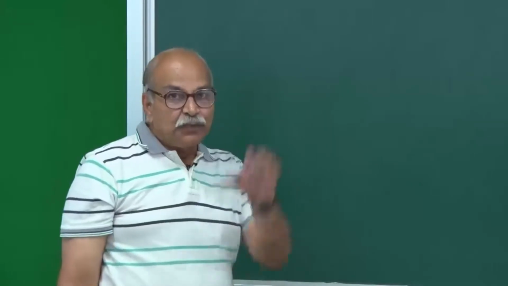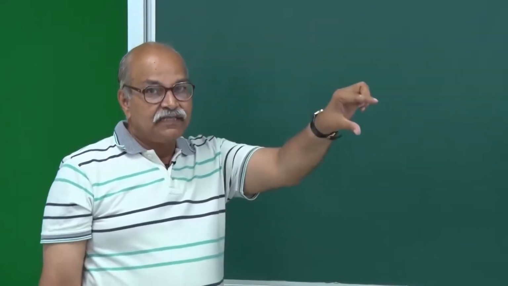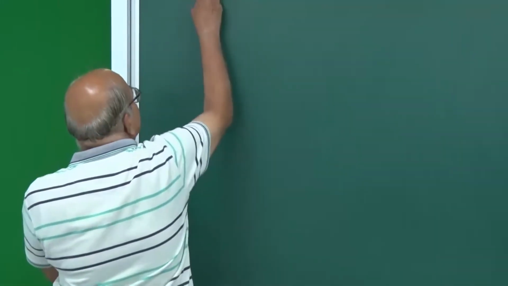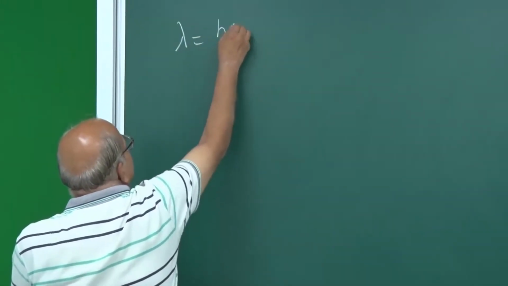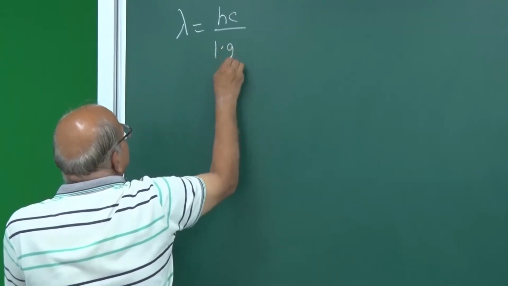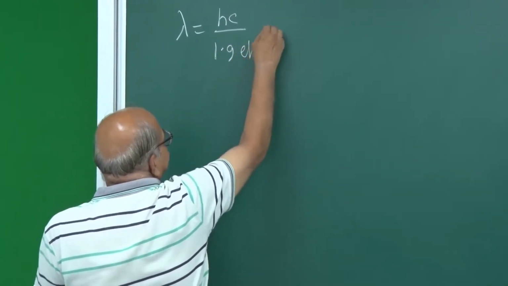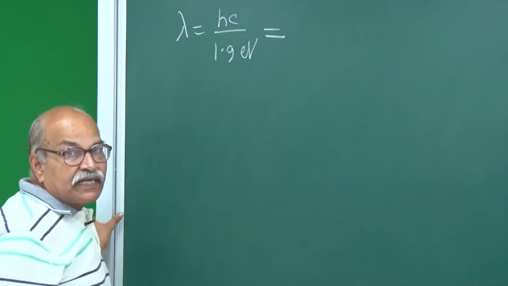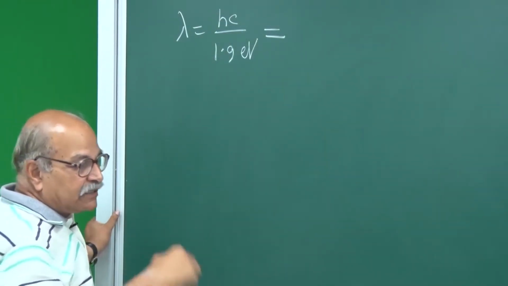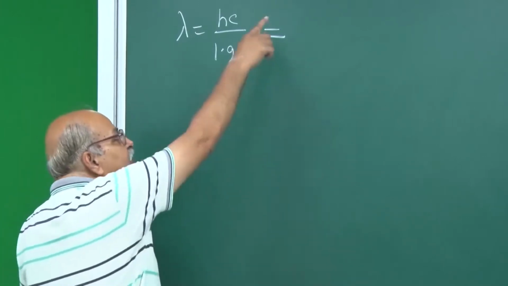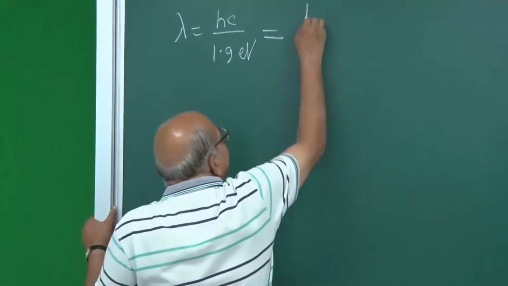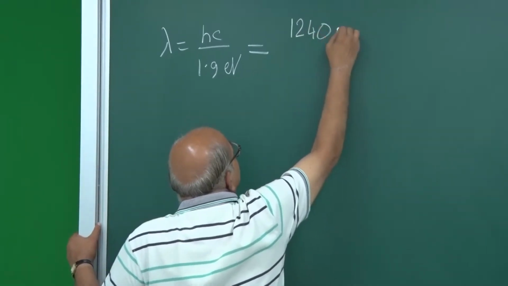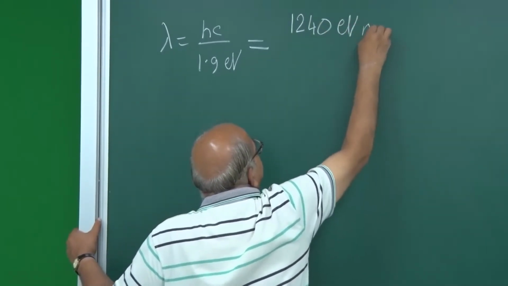So for the 1.9 eV energy lump, that photon, the corresponding wavelength lambda will be hc divided by 1.9 eV, where h times c is Planck's constant times the speed of light. If you put in the values and convert into the units which I am going to use, this is very close to 1240 eV nm.